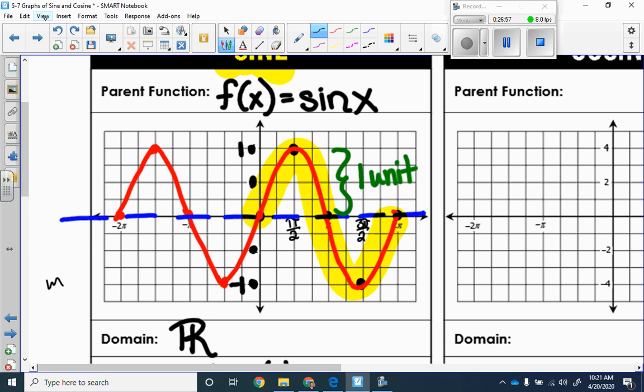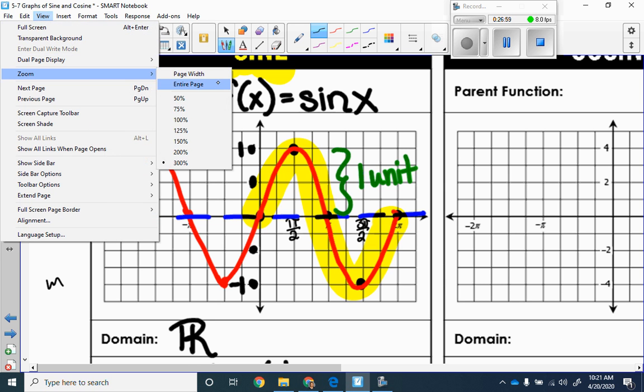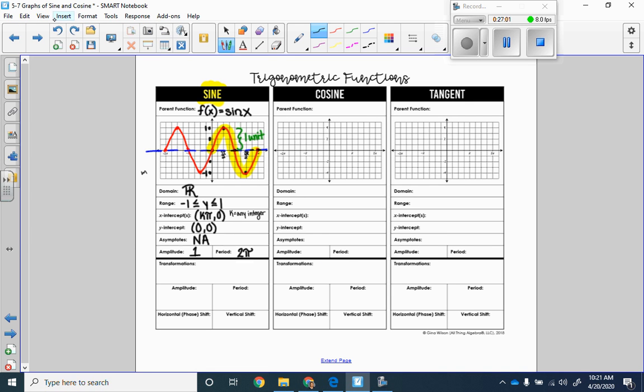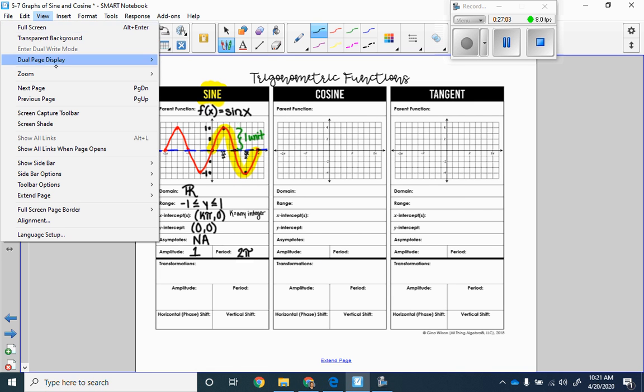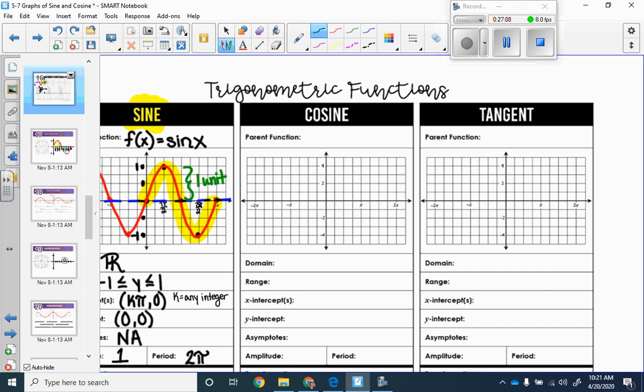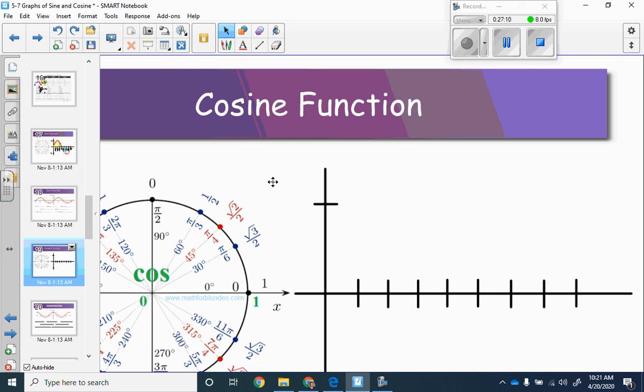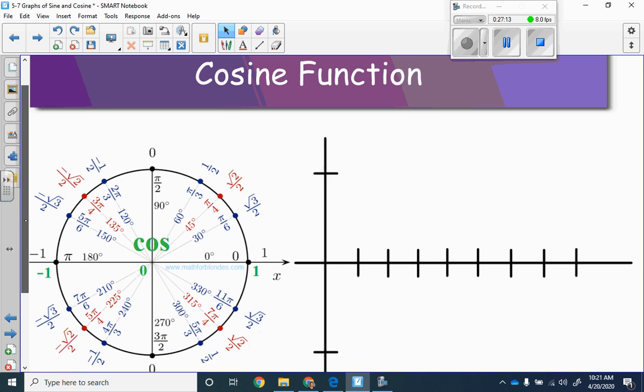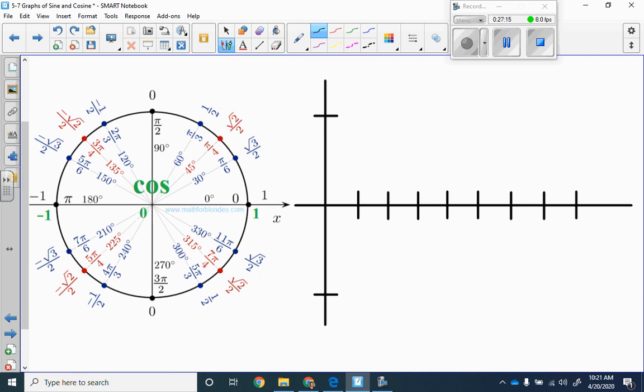Now, if we're going to go into cosine, let me get back out to, oops, sorry. Alright, taking a look at the cosine curve and what that graph looks like. Again, we're making one complete rotation, so you're going to 2 pi. I'm not going to label all of them because it's the same as we had.